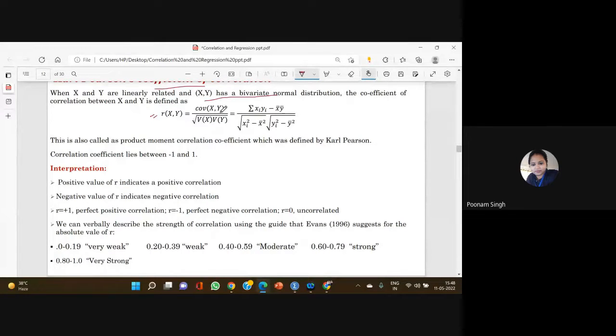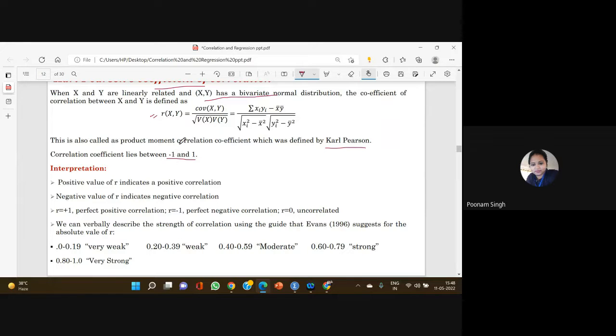This is the formula we use for calculating this correlation coefficient, which is also called the product moment correlation coefficient. This was defined by Karl Pearson, and the value of r_xy lies between -1 and 1.